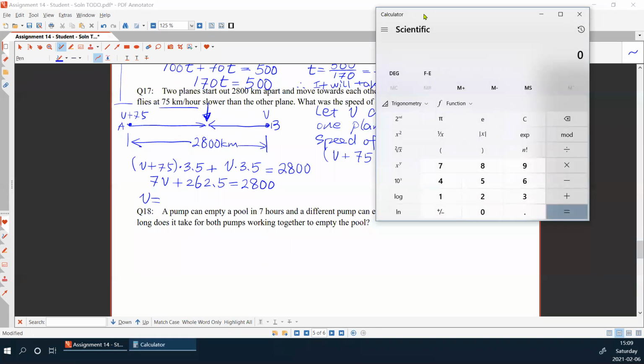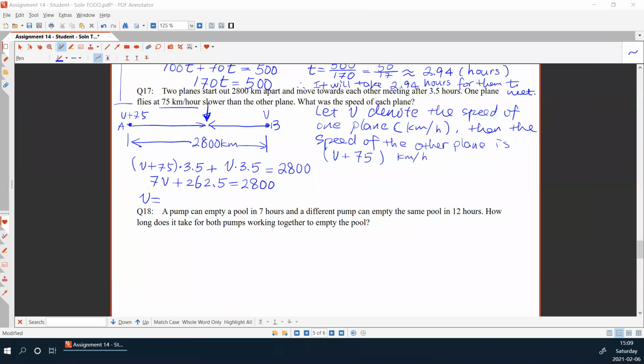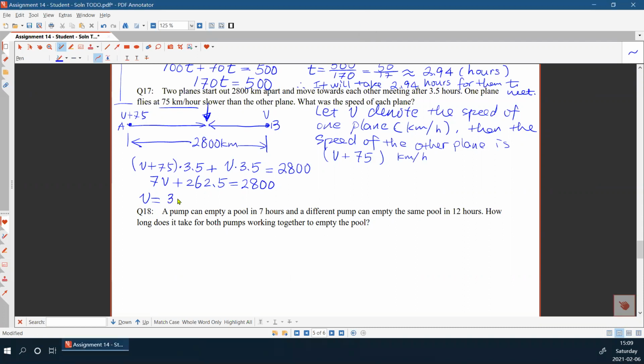Okay, let's use a calculator now. I don't want to calculate by hand. Minus 262.5, then divide by 7. Okay, this number is 362.5. The unit is kilometers per hour, right?